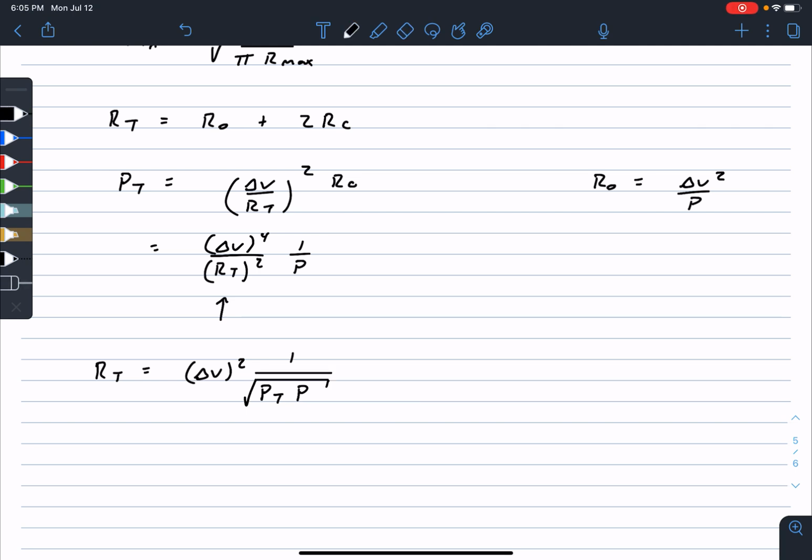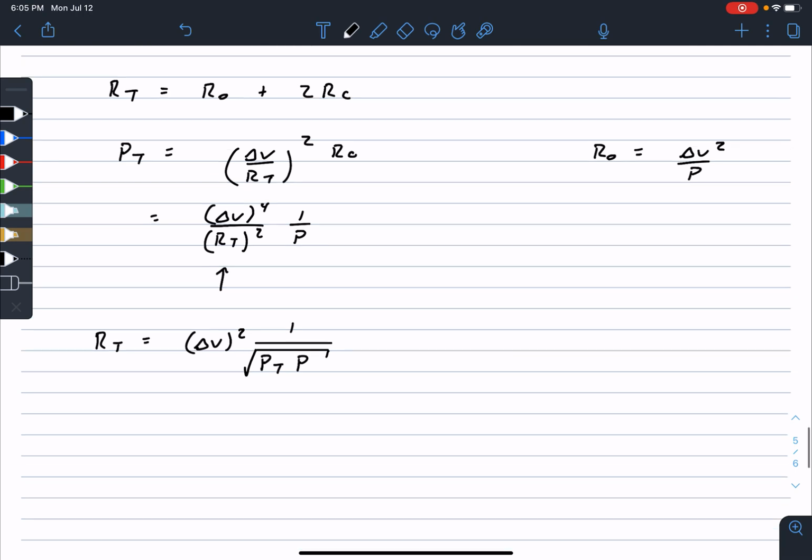Okay, and so we also recall that this is equal to R naught plus 2RC.